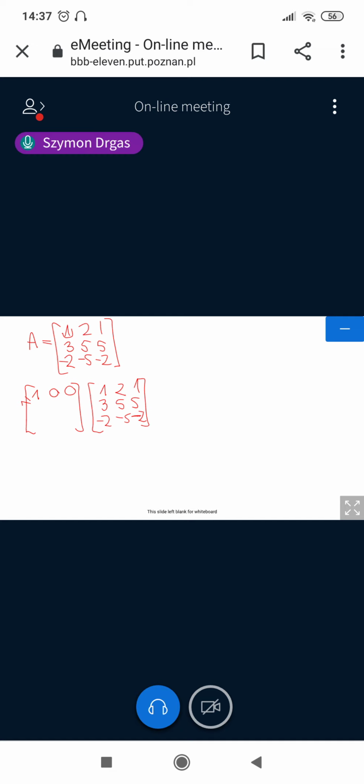No, I have to multiply the first row by 3 and then subtract it from the second row. So at least the number 3 should occur somewhere here.